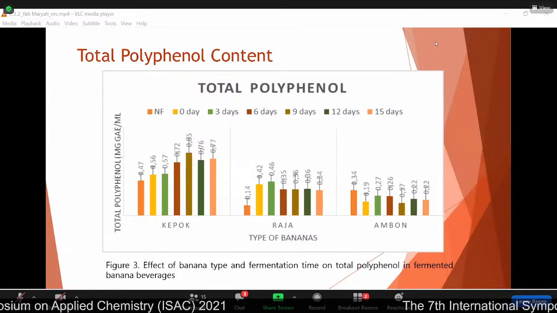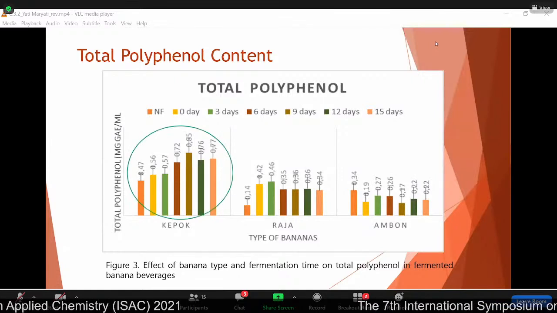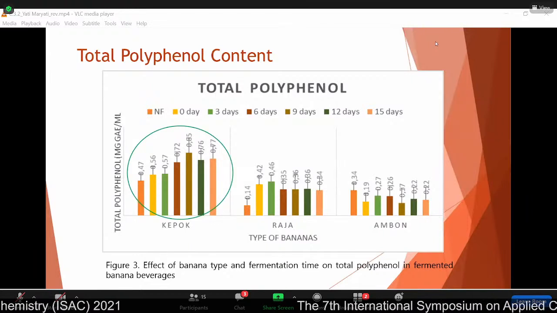Phenolic compounds are known to have antioxidant activity, where the length of time tends to affect the total level of polyphenol of banana drinks. During the fermentation process, the polyphenol value tends to fluctuate in banana fermentation.